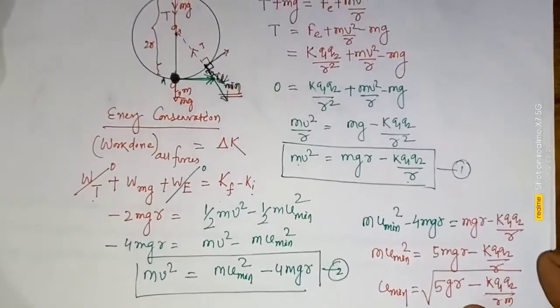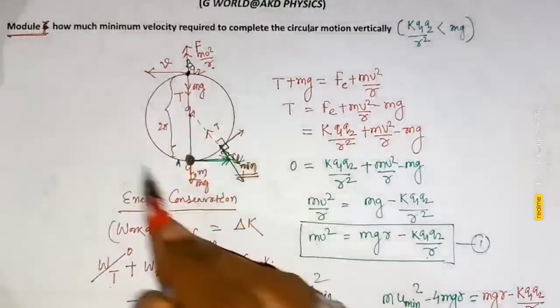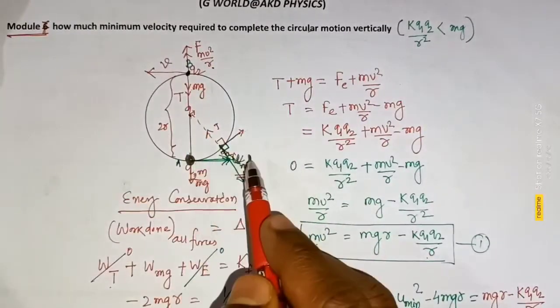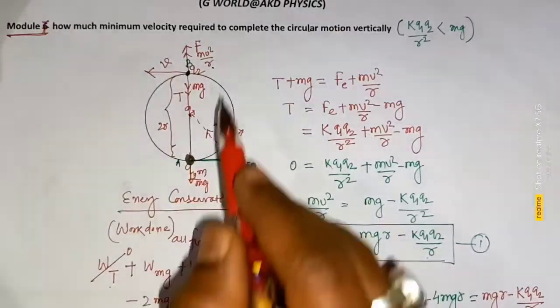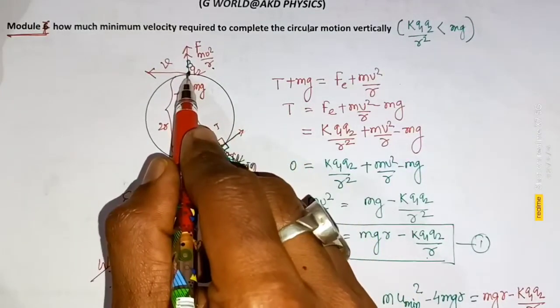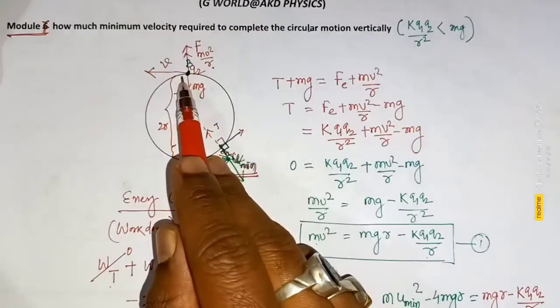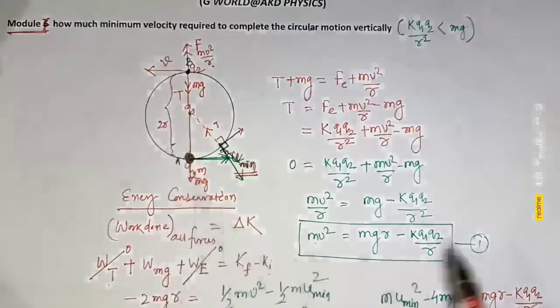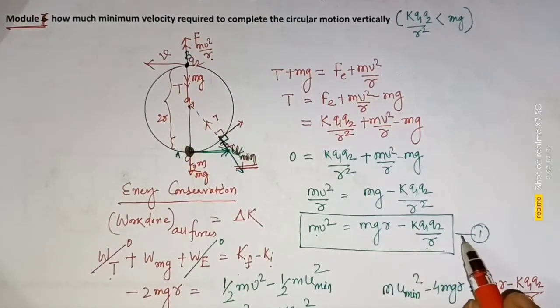So let me summarize what we did. The question is asking how much minimum velocity is required for this charge to make the circular motion vertically. We write the tension at the topmost point, and we know that at the topmost point the tension is minimum. Using that concept we get equation 1.